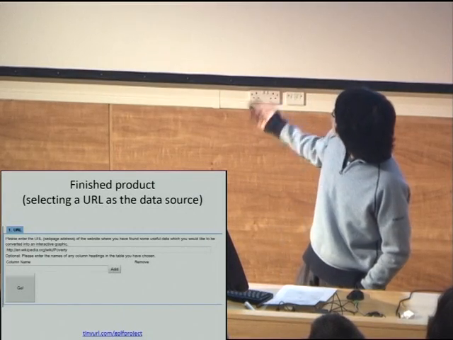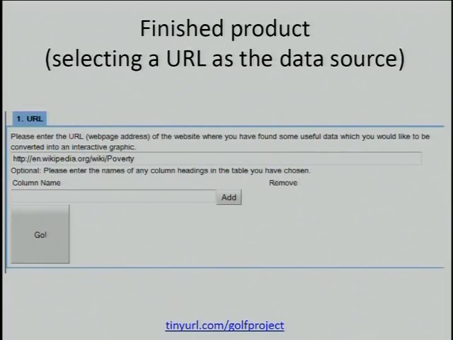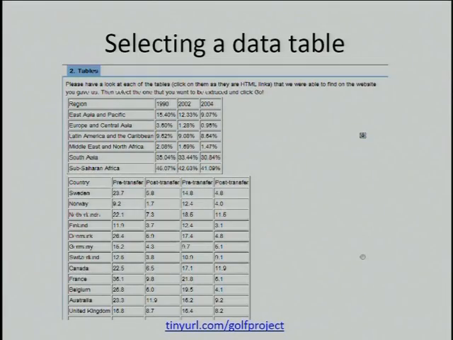Basically, you find a web page which contains some kind of table, and then you input the address into the first text field. If you have a certain column name in mind, you can also put it into the column name text field, which will filter the input and give you tables.